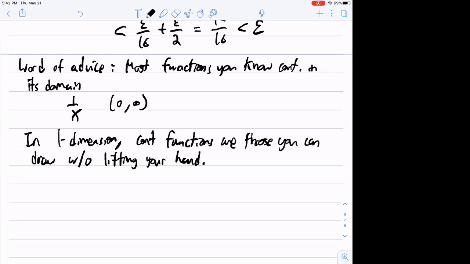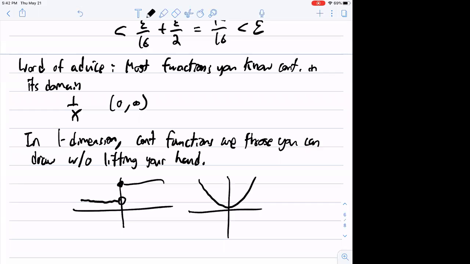If you look at here, this thing's discontinuous because when I put an open circle and a closed circle, I had to lift my pencil, as opposed to x squared, where I could just draw continuously.